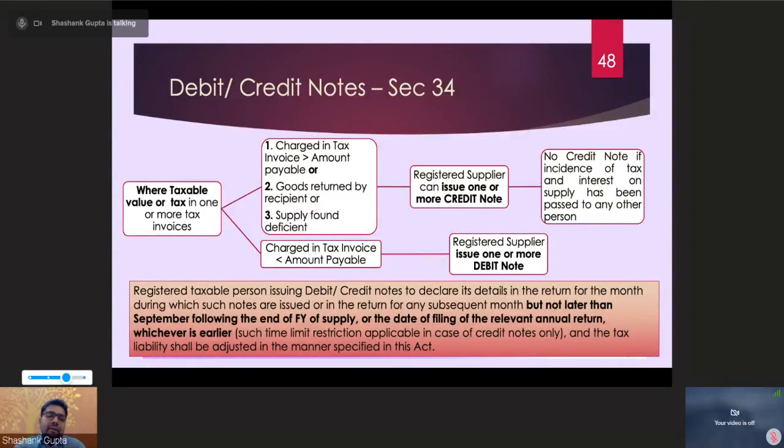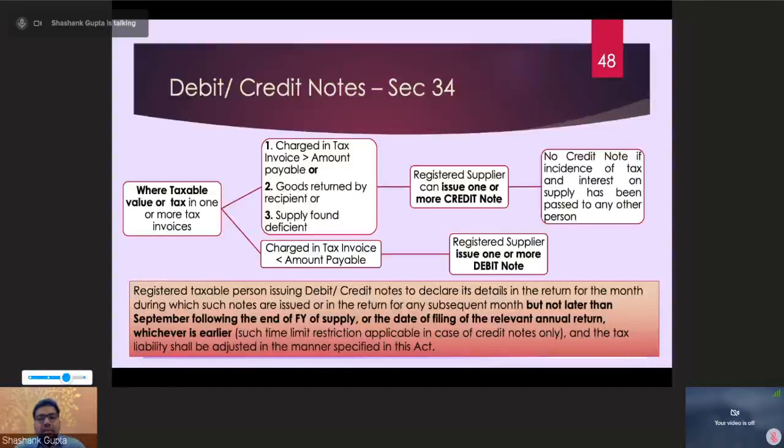What happens vice versa? Suppose the invoice was to be for 10,000 rupees, but it got raised for 1 lakh rupees. Now the other person will say, what is this? You've raised an invoice for 1 lakh, it was to be only for 10,000 rupees. Now what should I do? Can I issue a revised tax invoice? No! A revised tax invoice is only allowed where the person has obtained fresh registration, for supplies made between the date he became liable and the date when registration was granted.